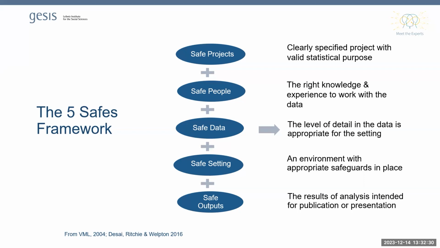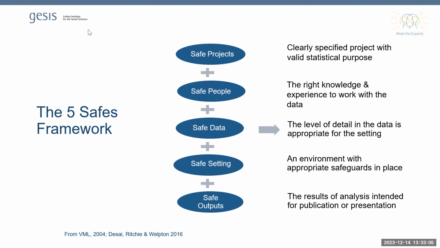So the 5 safes are essentially safe projects, people, data, setting, and outputs. And you can see the description of what each one is. And the idea is that you adjust depending on your requirements. So if you have a safe room, as we do at the moment, then we have a lot of controls over the safe setting. And we don't have to worry quite so much about the safe people, for example.